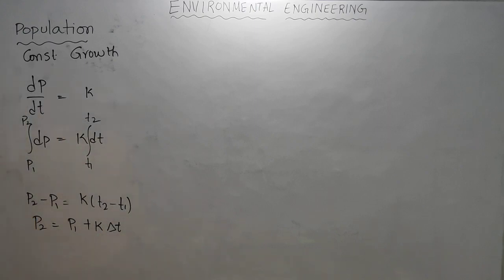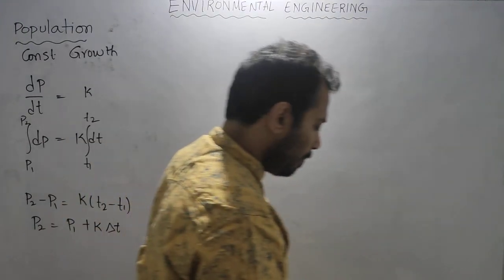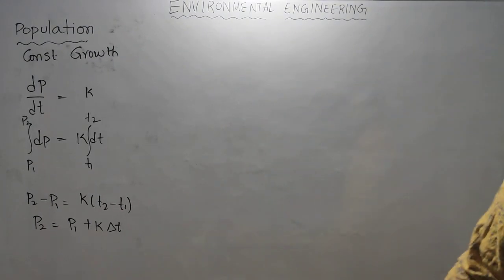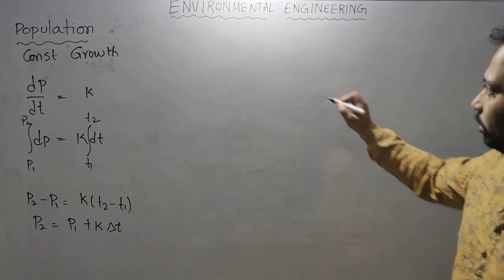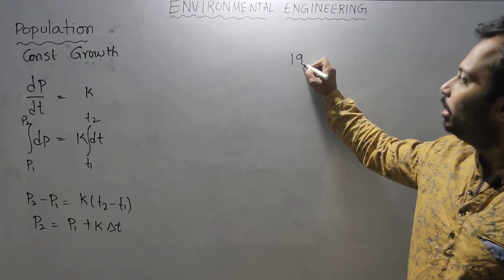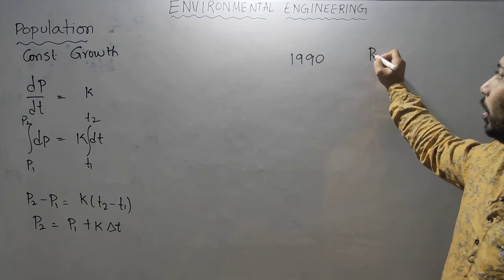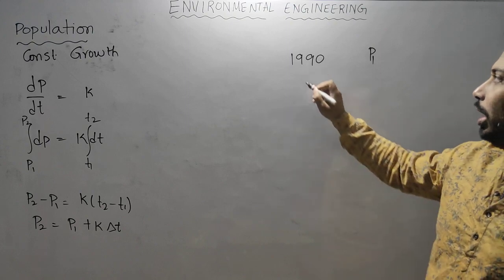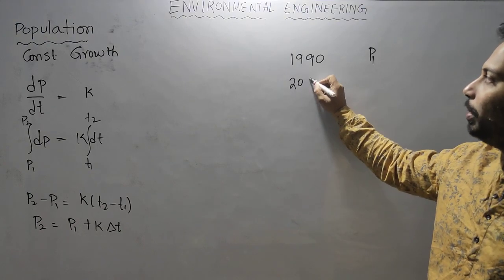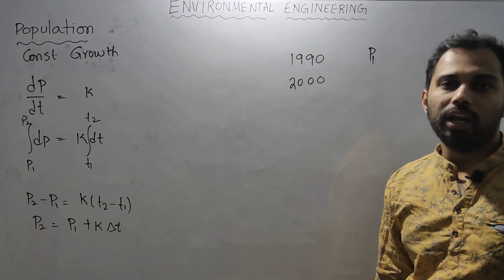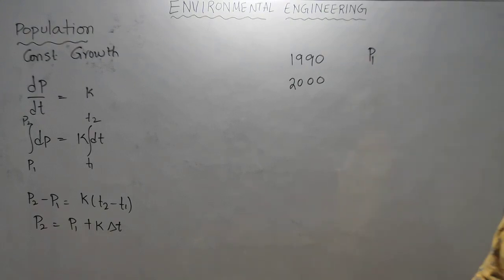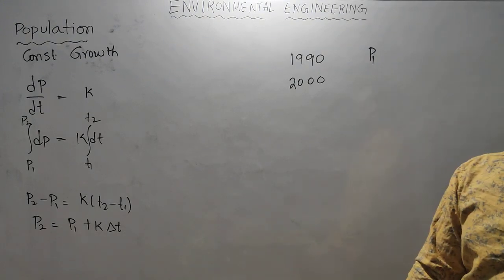Now for example, we are having the population data like this. So 1990, let us have the population of P1, and 2000, because we will be having the census data for every 10 years.